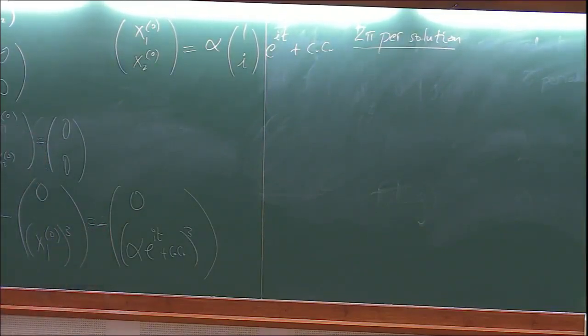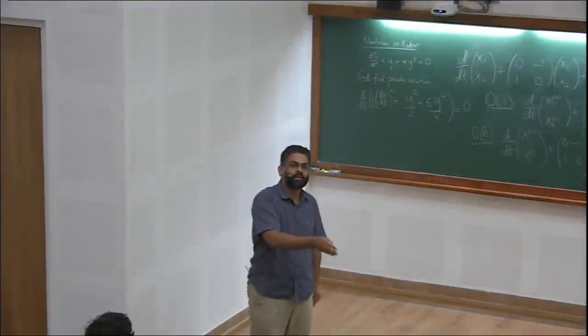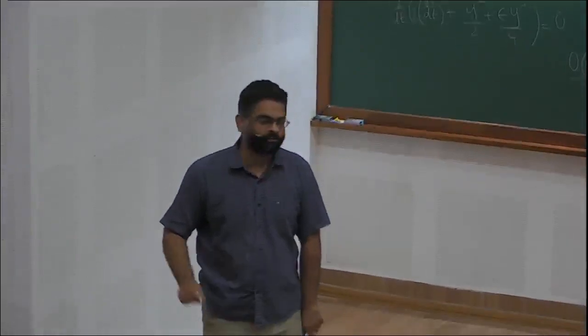Right? This is the only advantage of writing alpha e to the it plus cc cubed, because now I can use the binomial theorem as opposed to having written it as sine t cubed and then having to write it in terms of sine 3t and sine t. That's the only advantage. Okay? Cool.